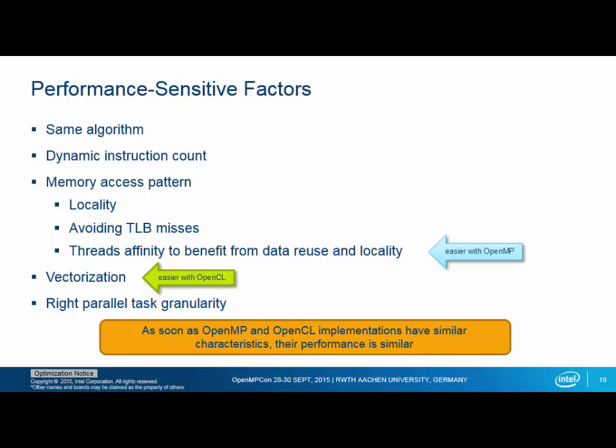Again, the OpenCL programming model forces you to think about data locality, while in the OpenMP cases, we found that in most cases #pragma omp parallel for was applied just to the serial version, and there was not an efficient memory access pattern. And there are also two factors related to Intel Xeon Phi: for the NUMA system, affinity control, and TLB misses on the Xeon Phi.